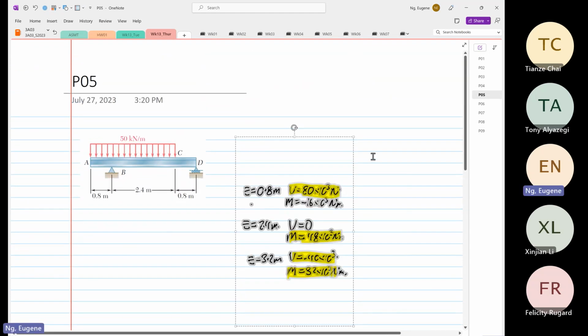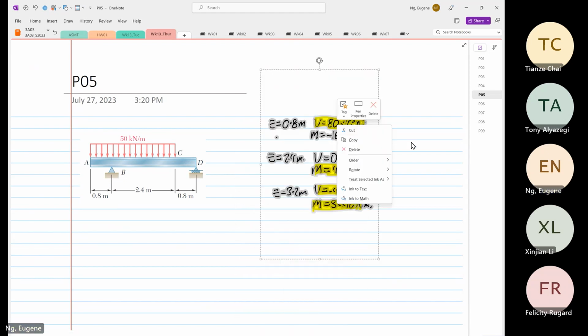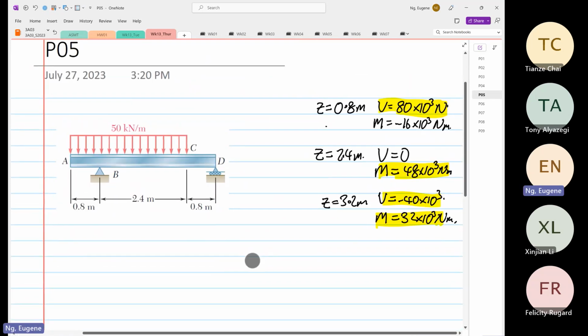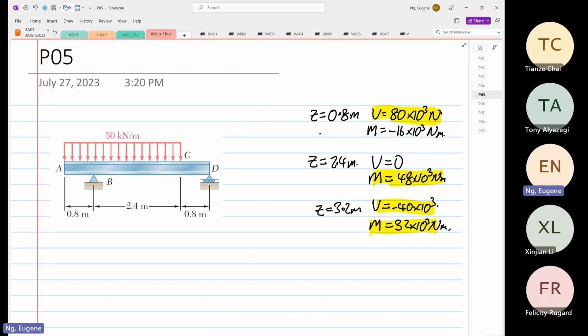Okay, so these are the values, right? So the first point, I'm going to put my element. We're going to put our points of interest along this line. So this is where Z is equal to 0.8, and then Z is equal to 2.4, somewhere around here.